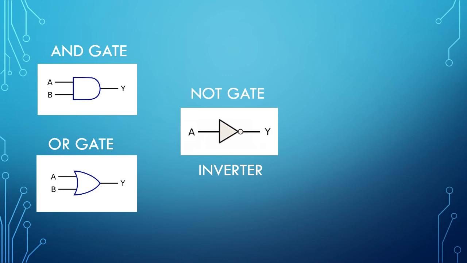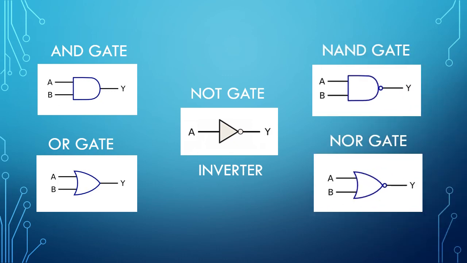And when attached to the output of the AND or the OR gate, we end up with the NAND as well as the NOR gate, where I need both A and B to turn off the output Y. And for the NOR gate, A or B will result in turning off my output Y.